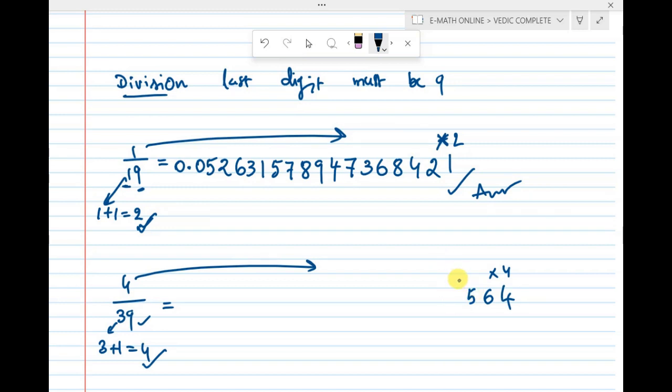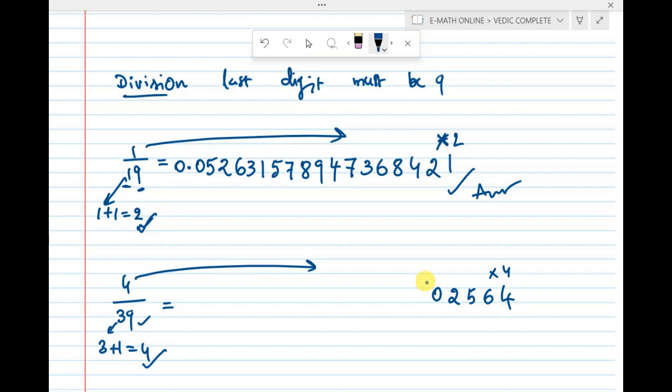Now in this term you should remember 2 in your mind. Okay. 5 fours are 20, and that 2, 22. Again you should remember 2. Right. Now 2 fours are 8 plus 2, 10.